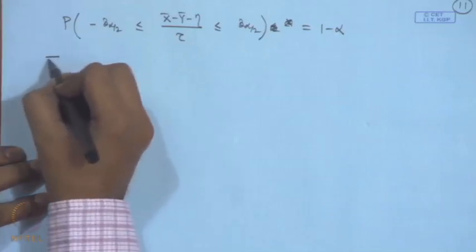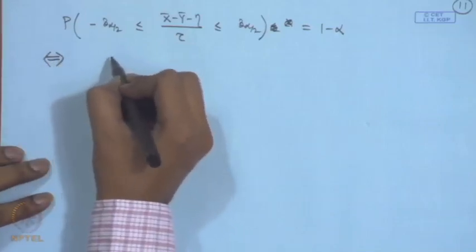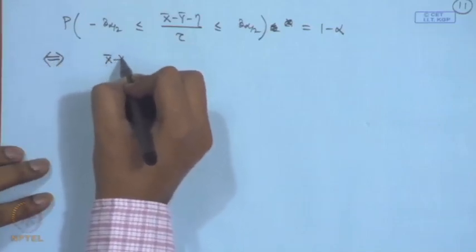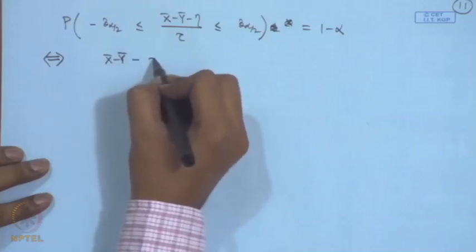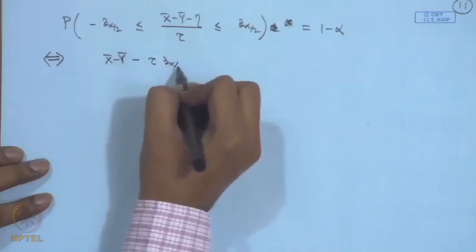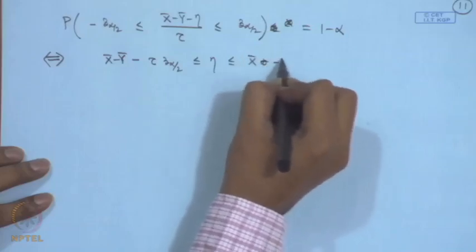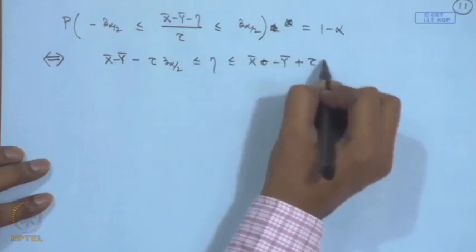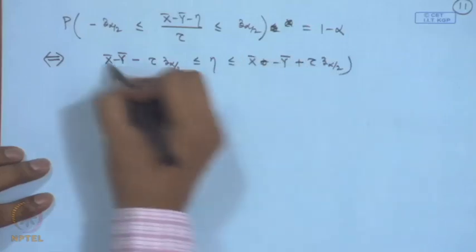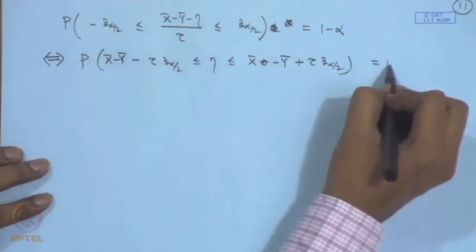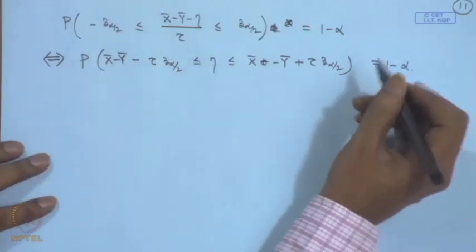So, this is equivalent to x bar minus y bar minus tau z alpha by 2 less than or equal to eta less than or equal to x bar minus y bar plus tau z alpha by 2. The probability of this is equal to 1 minus alpha.